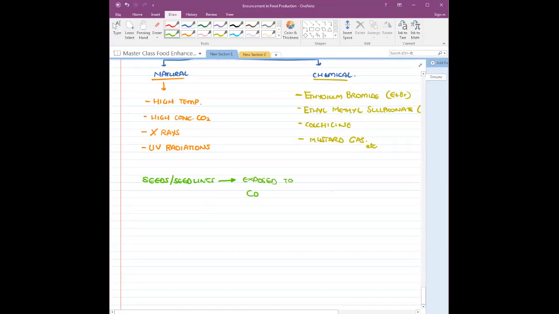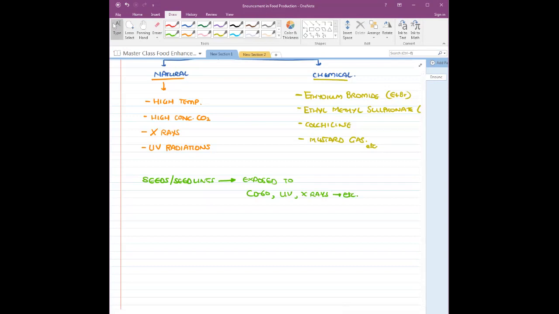Guys, cobalt 60 is a really, really deadly one. Or we can make use of UV or X-ray machines. Especially, we have an experiment where we'll be talking about the use of X-rays on fungal spores. So this is generally done with regard to seeds or seedlings.